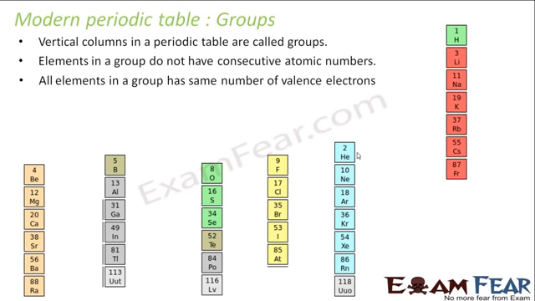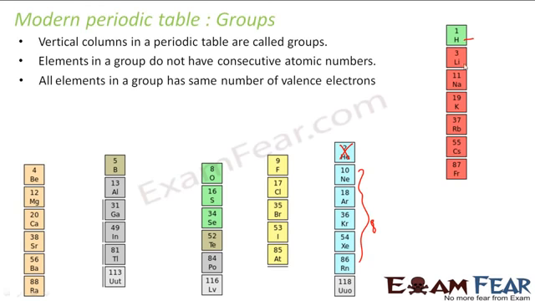Here, helium has 2 electrons, neon 8, argon 8, so everything has 8 valence electrons. Sorry, there's an exception here. Helium has 2, but apart from this, all have 8 valence electrons. If you see here, everybody has 1 valence electron.